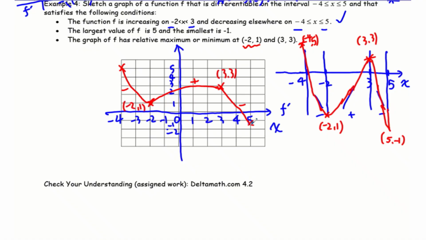And here, no way we can go to 5, so this is an end point. This is 5, negative 1. Marks will be given when you find all these points properly, then you graph the trend properly. So 2 marks, altogether 5 marks.